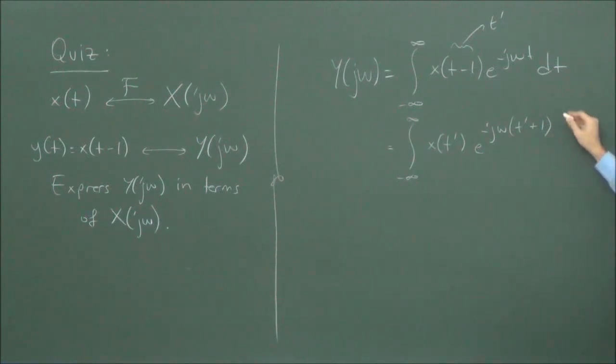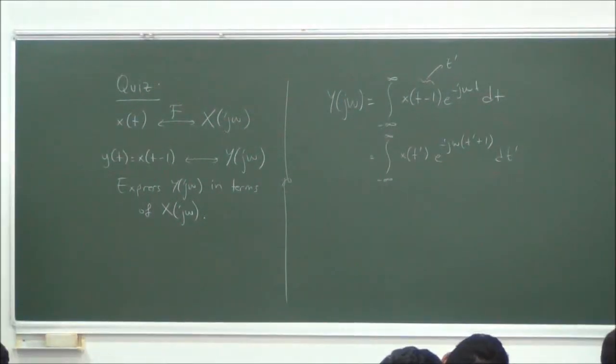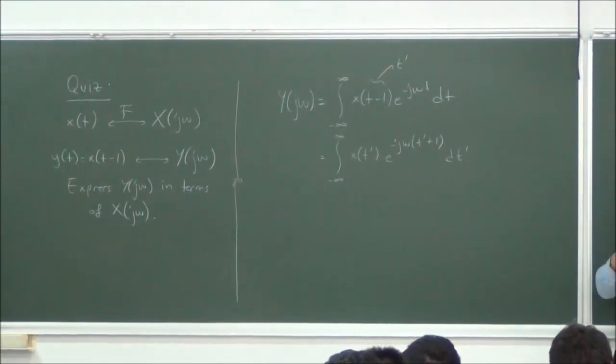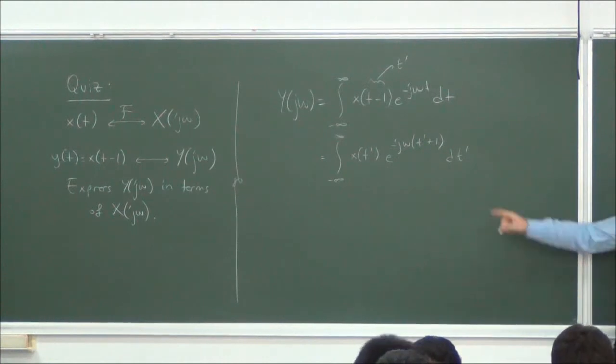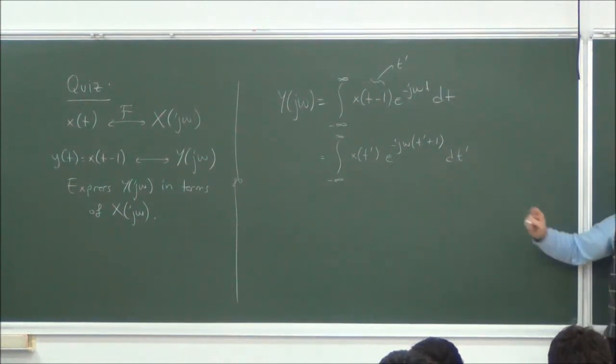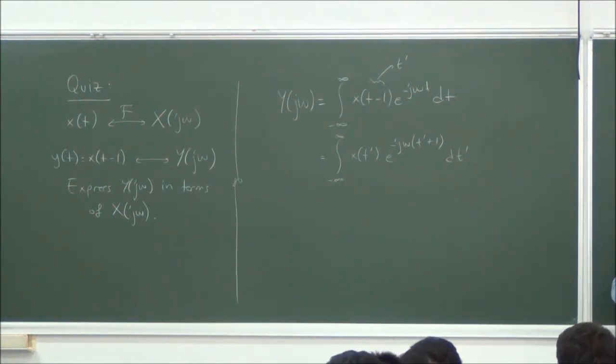And dt is dt prime plus 1, you may say, but the differential doesn't change. The derivative of t and the derivative of t minus 1, which is t prime, are the same. So you can safely write a dt prime here instead of a dt.